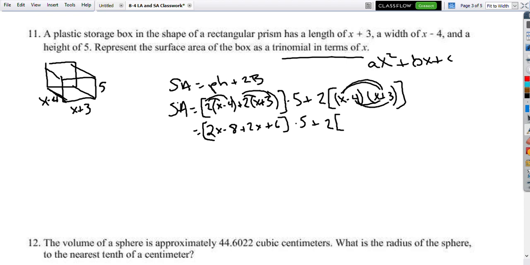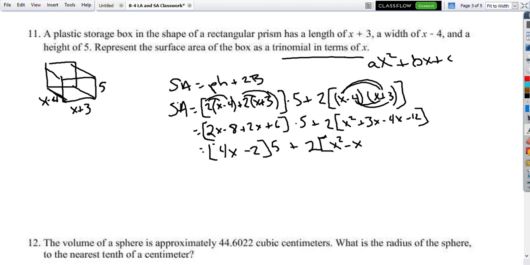So x times x, right? X times 3, negative 4 times x, and then negative 4 times 3. And then we'll continue to combine like terms. So this is going to be 4x minus 2 times 5 plus 2 times, bracket, right? And this is x squared minus x minus 12.